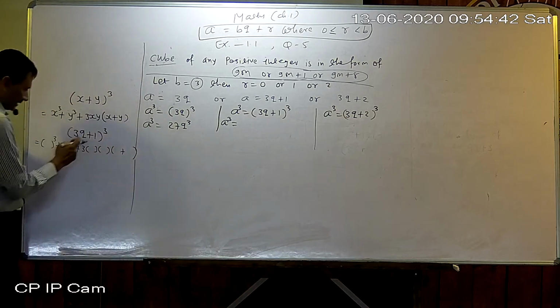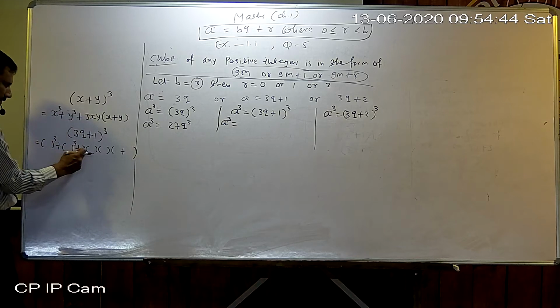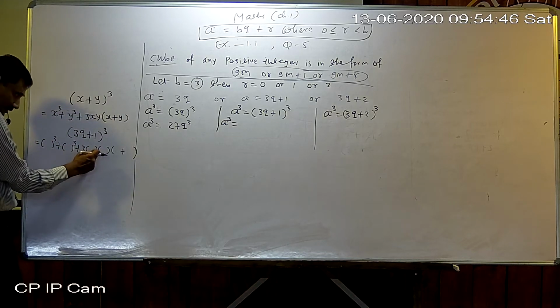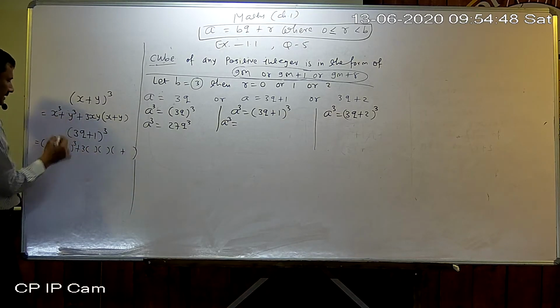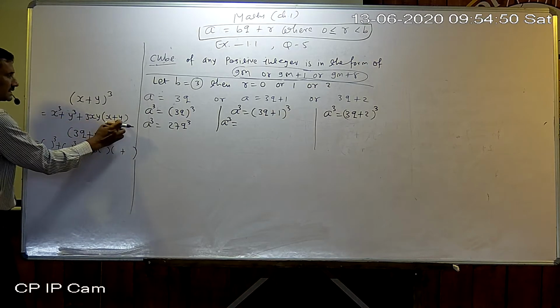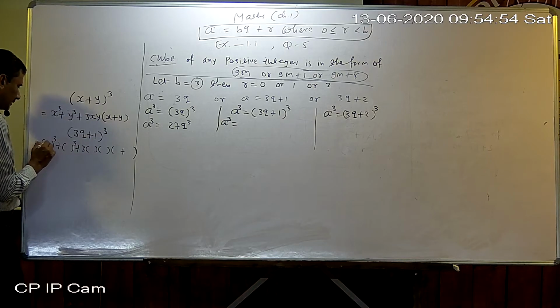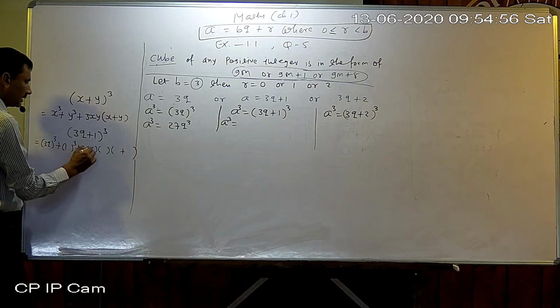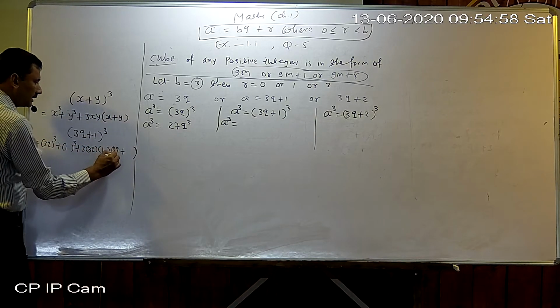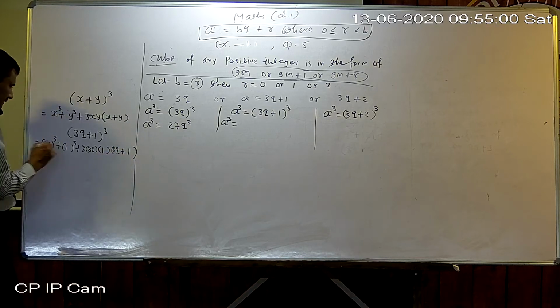So I have written everything here. x cube plus y cube plus 3xy, means x into y, in bracket x plus y. x is here 3q, y is 1, so 3q cube, 1 cube. Just open this bracket, so 27q cube plus 1.